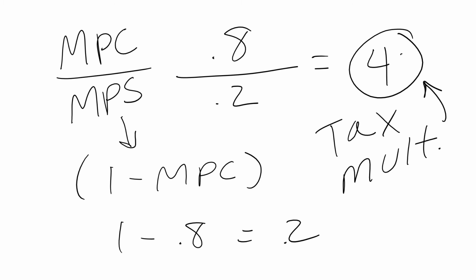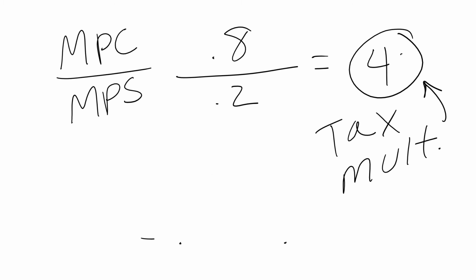So in other words, whatever the tax cut is, the amount they cut taxes, we multiply it by 4, and that's how much GDP is going to change. In this case, when we lower taxes, GDP rises by a factor of 4. When we raise taxes, GDP falls by a factor of 4. So we're trying to figure out what we would need to multiply by 4 to equal 100 billion.